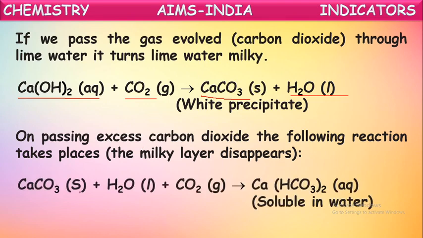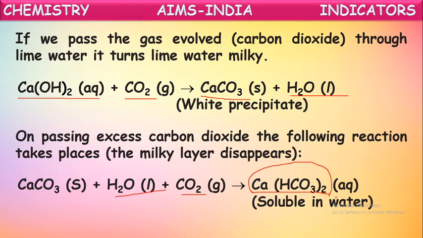Because if we pass carbon dioxide continuously onto this calcium hydroxide solution on which a milky layer is already formed, this milky layer reacts further with carbon dioxide in the presence of water and forms calcium hydrogen carbonate, which is also called calcium bicarbonate.